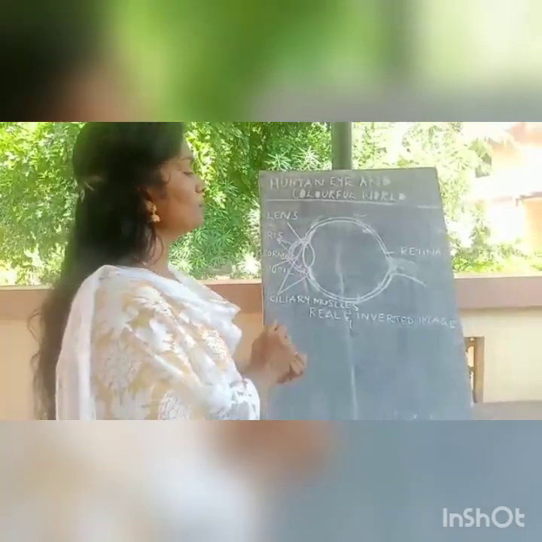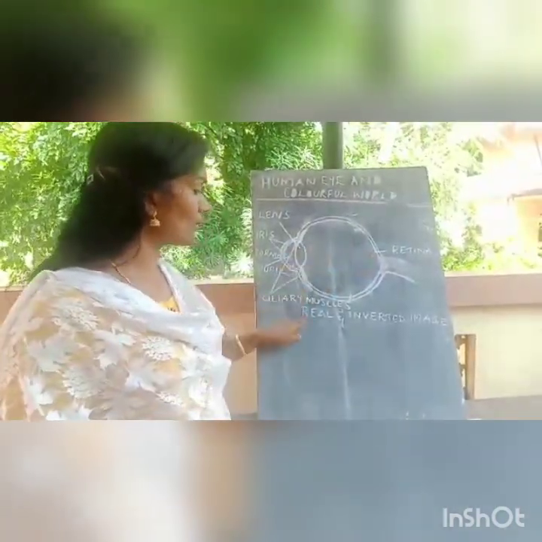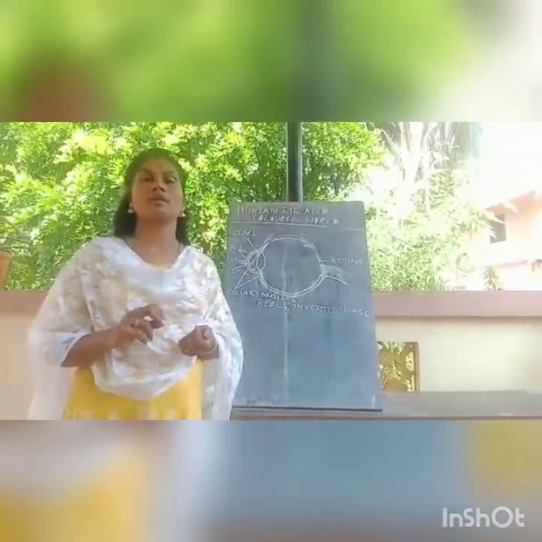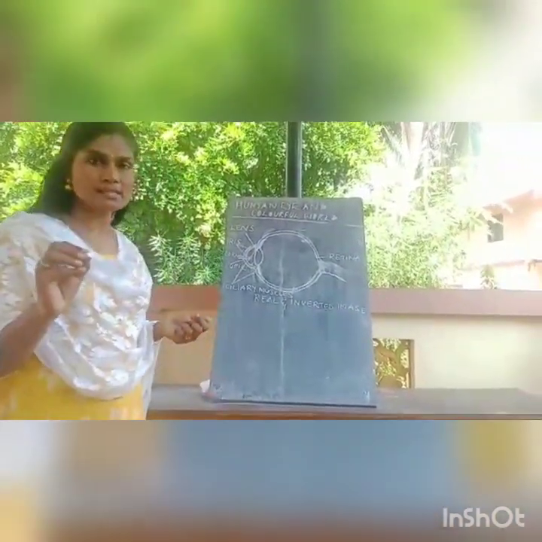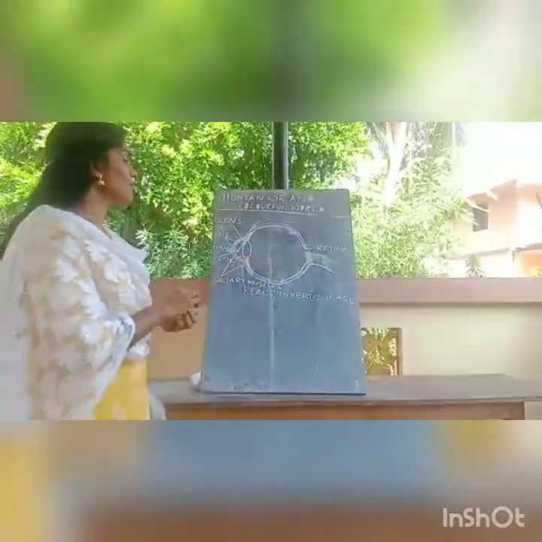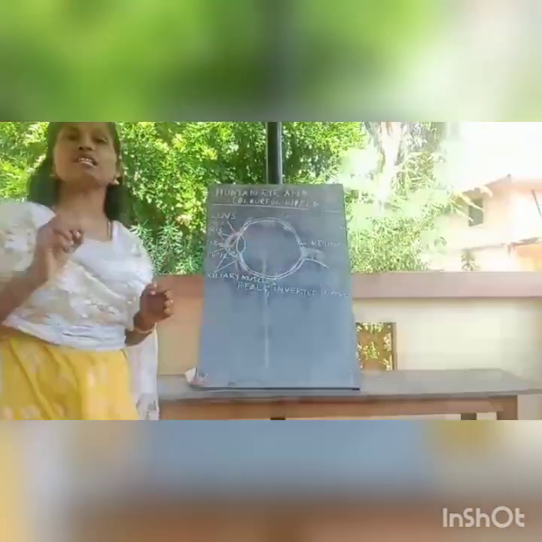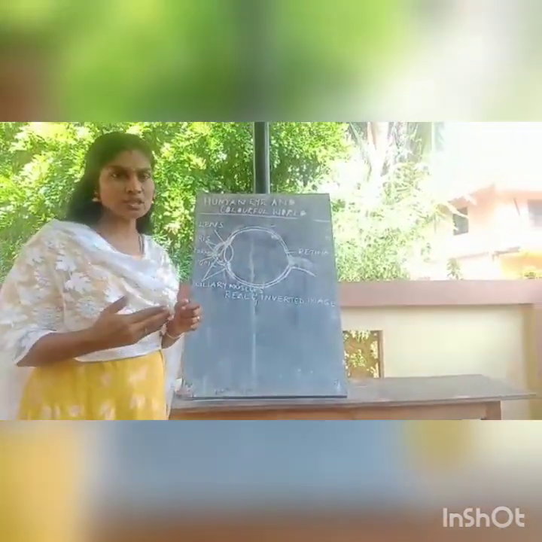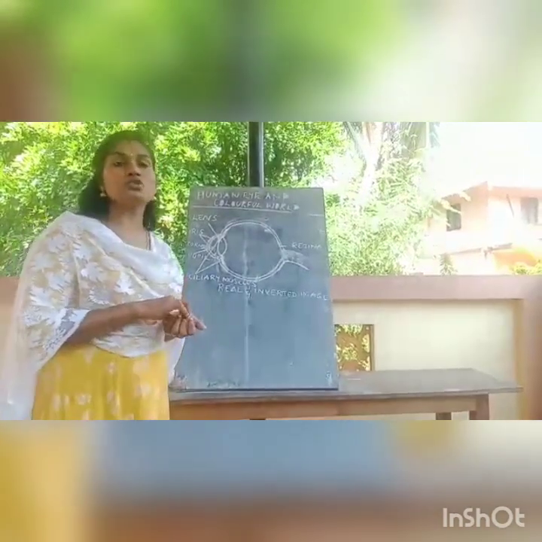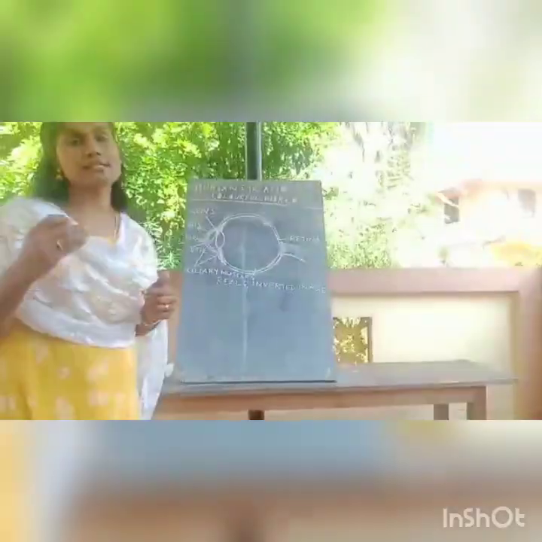Now the image which is formed on the retina will be real and inverted. Light sensitive cells are present on the retina. So when the image is formed on the retina, these light sensitive cells will activate and convert the image to electric signals.